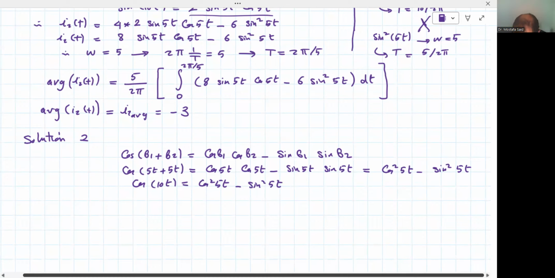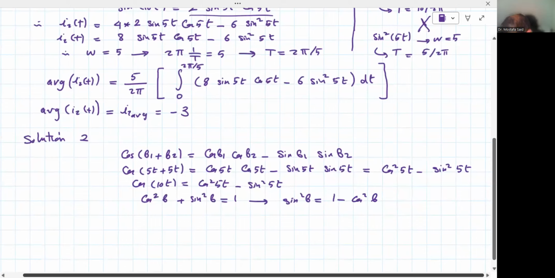We also know that cosine square theta plus sine square theta equals 1. From that, sine square theta is equal to 1 minus cosine square theta. So sine square 5t equals 1 minus cosine square 5t.